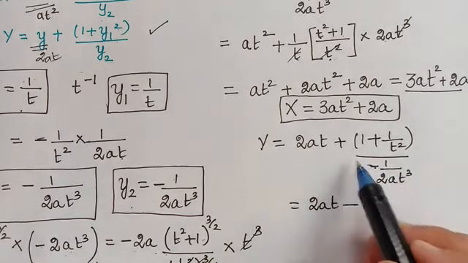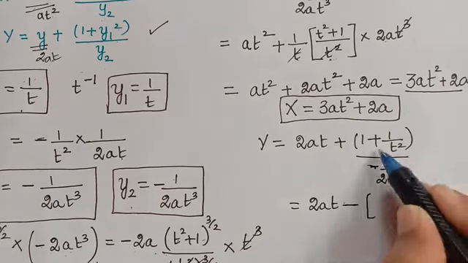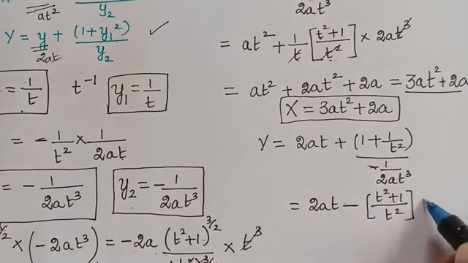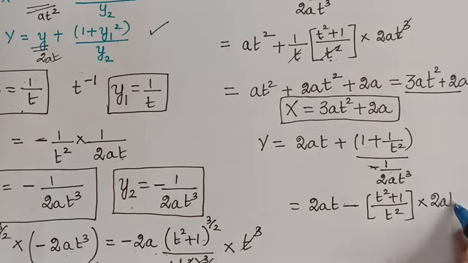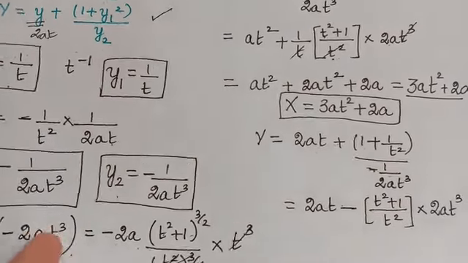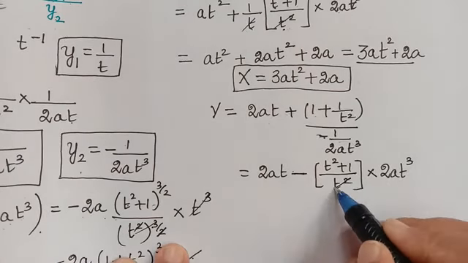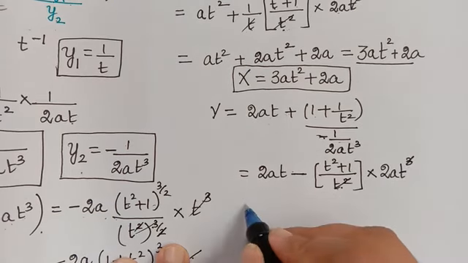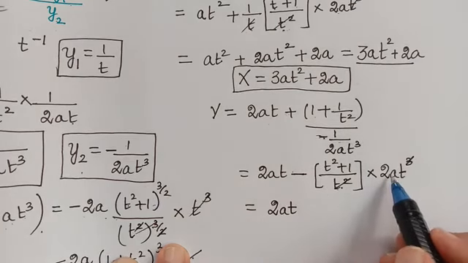Be very careful with the signs. So plus into minus is minus, multiplied with this one where we can take LCM, so it will become t squared plus 1 over t squared, multiplied with, now this will come to the numerator because it is the denominator of the denominator, so it will be 2at cube. Now we can see that here we have t squared and t cube, so one of the t will remain here and we will cancel t squared and t squared. So this will be equal to 2at, and then we will multiply this 2a within.